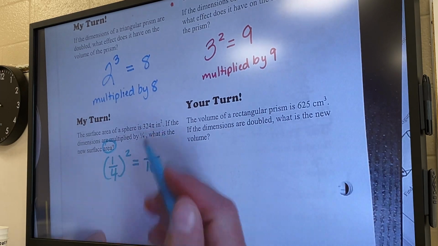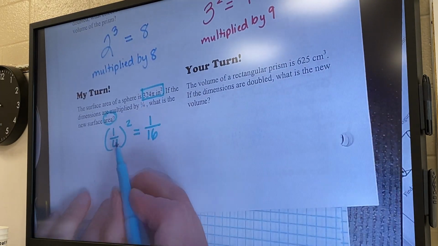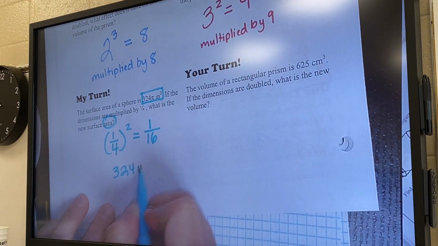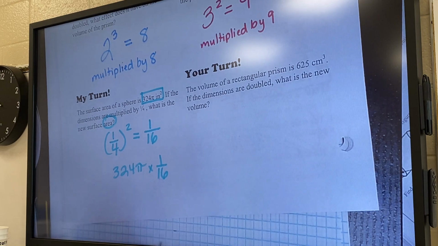Now, all you have to do is take the original, which is 324 pi, and multiply it by 1 over 16. And just tell me what you got.